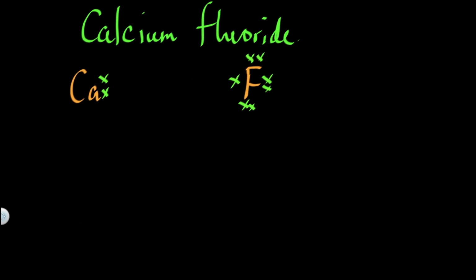So there's going to be a migration here. Calcium has 2 electrons that it wants to lose. So one goes here, obviously, but there's another one left. So in this case, we're going to have 2 fluoride ions. So another fluorine atom comes here with its 7 valence electrons.